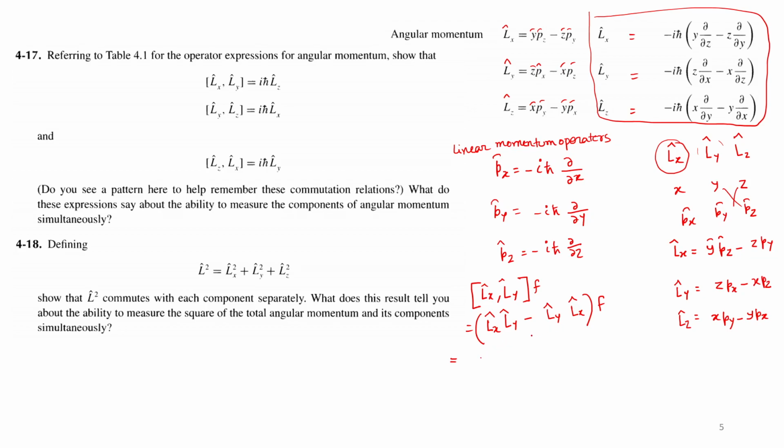So we get Lx Ly working on f minus Ly Lx operating on f. Lx will first operate on f, then Ly will operate. Similarly, Ly will operate first on f, then Lx. So we'll write it out individually.